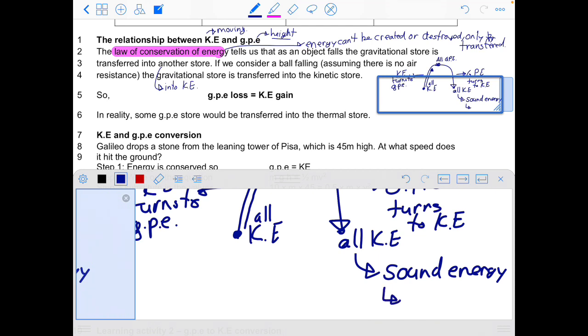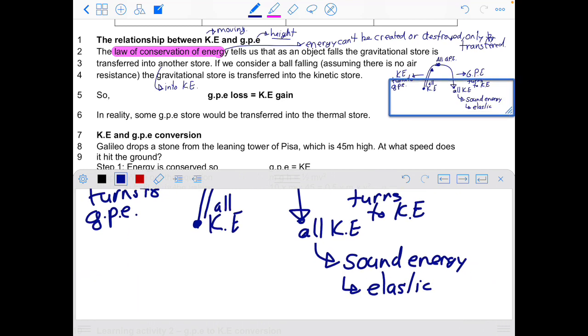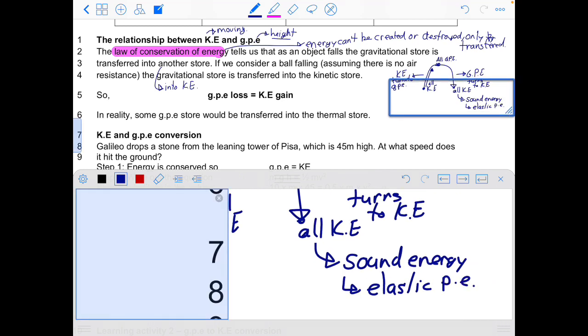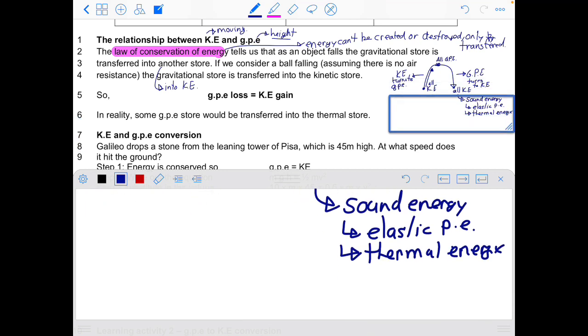It turns into elastic potential energy, which you notice again if it bounces back up, that's transferred into elastic potential energy, which travels back into kinetic energy, and so on and so forth. And some of it turns into thermal energy from the air resistance.